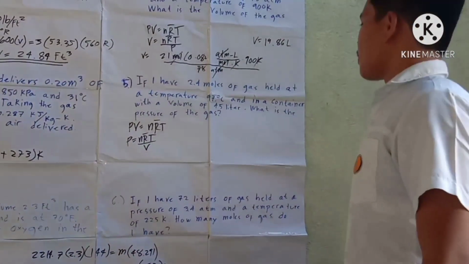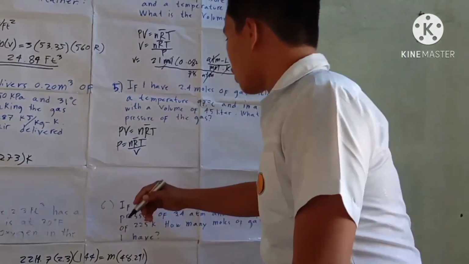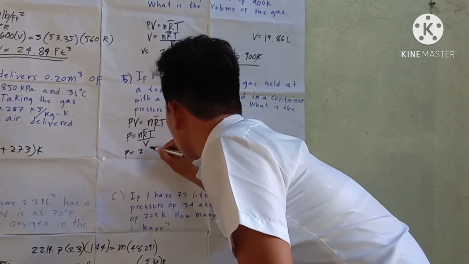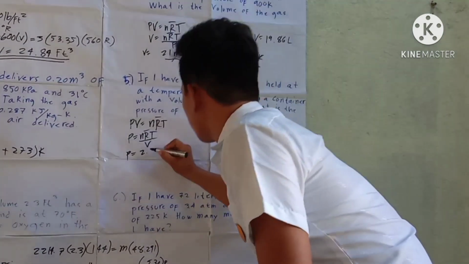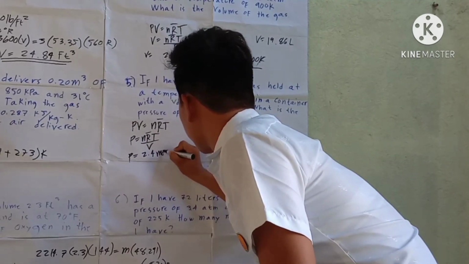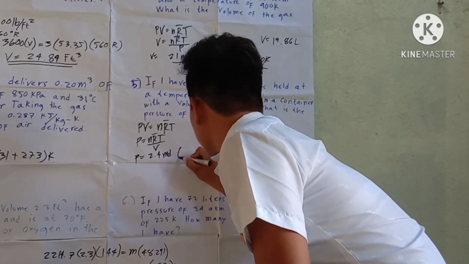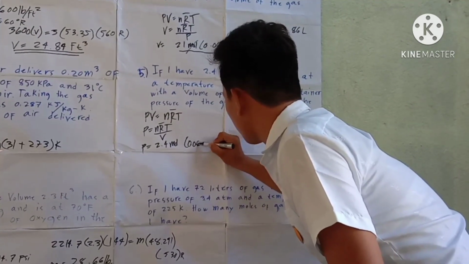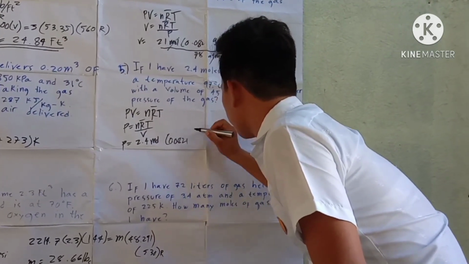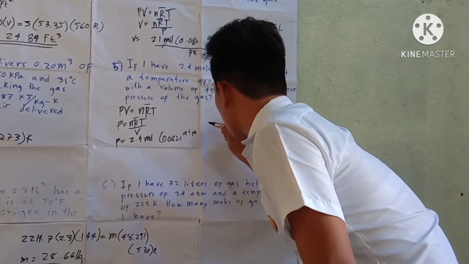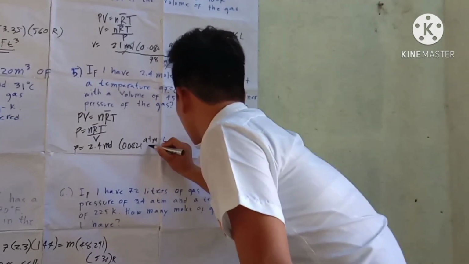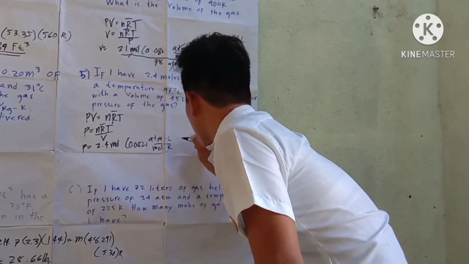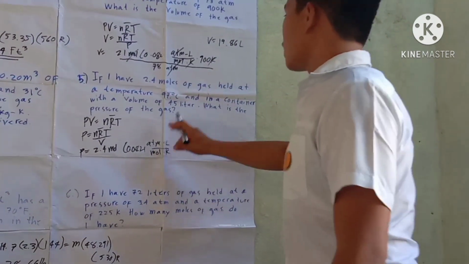So since the number of moles is given, pressure equals 2.4 moles times the universal gas constant 0.0821 atm times liter over mole times Kelvin, times the temperature.